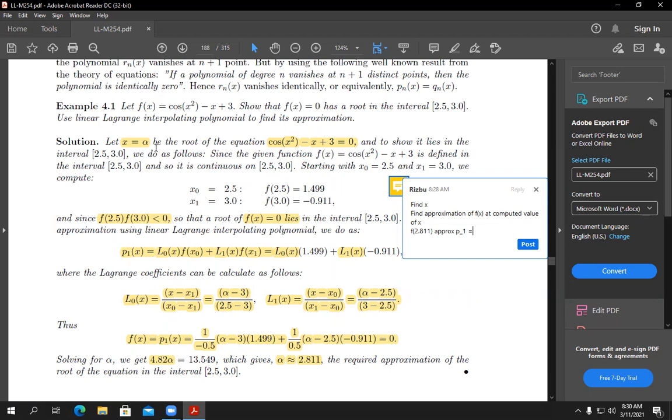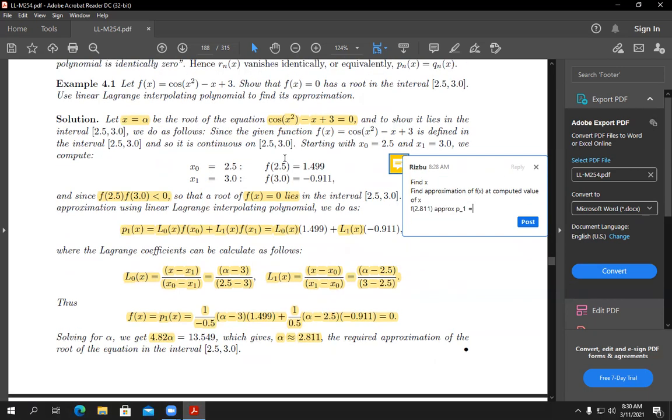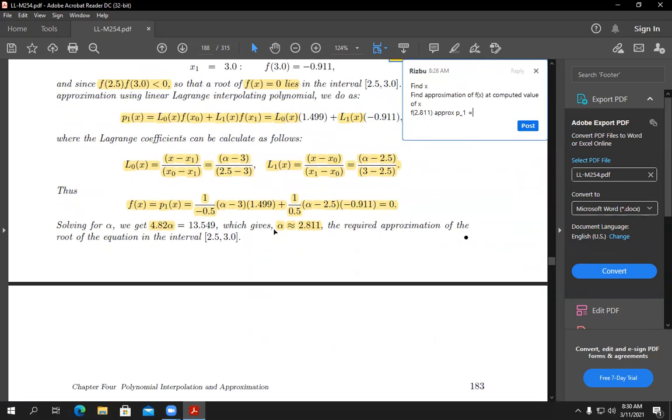He said find x in the first step. X is the approximation of the root of this equation. So when you have the root, then you can use it to find the approximation of the function. This is a good example. Inshallah, I will add this part today, and then I will send you the complete version with that.